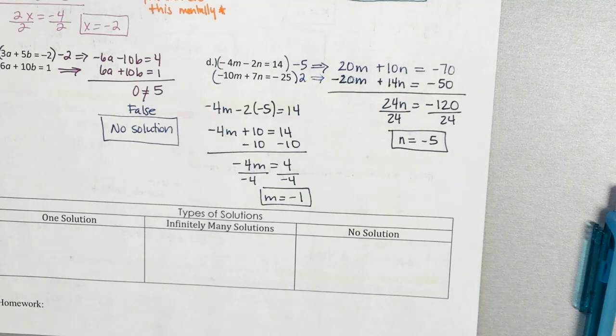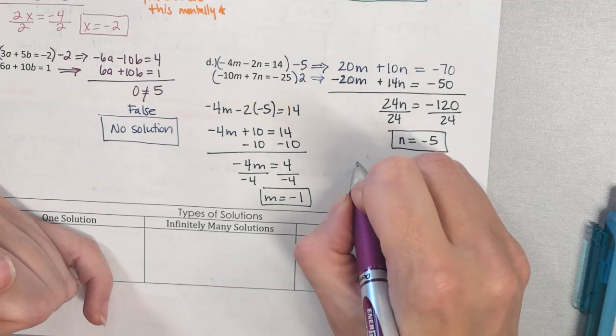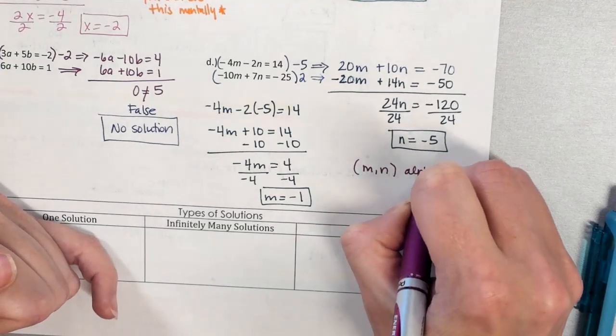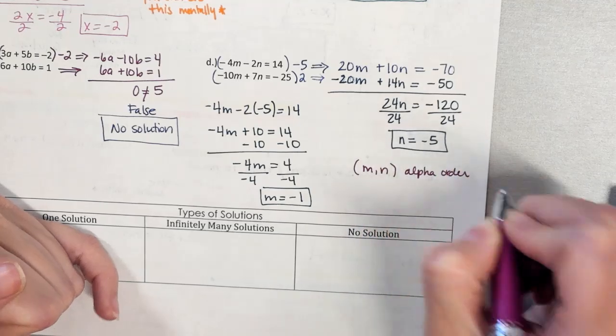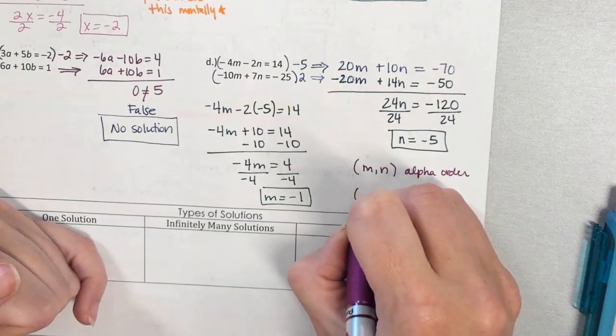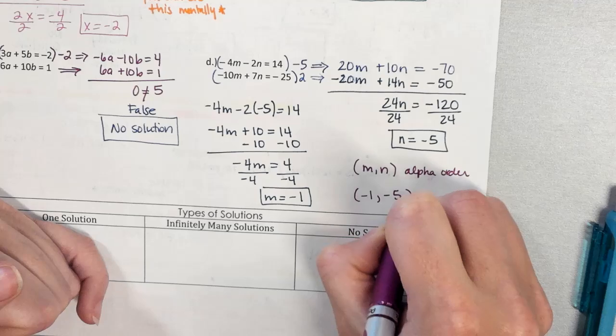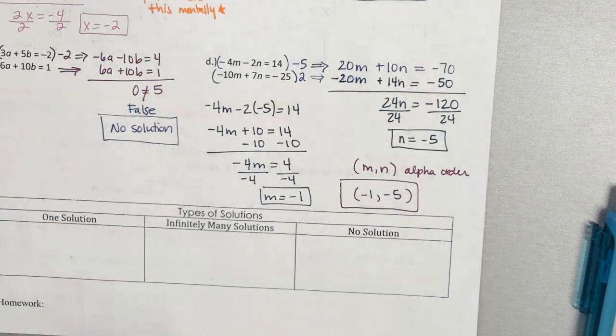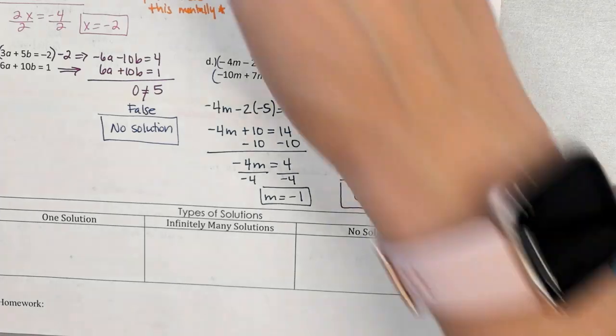And then remember, the only time you don't write it as a coordinate point is if it's a story problem. So when you're writing these as a coordinate point, if it's not x and y, it just always goes in alphabetical order. So the m is going to go first, n is going to go second. That is your final answer.